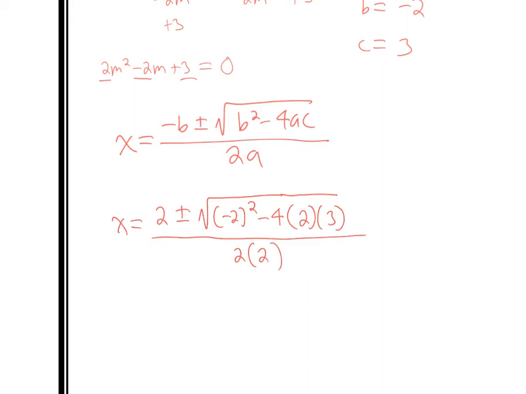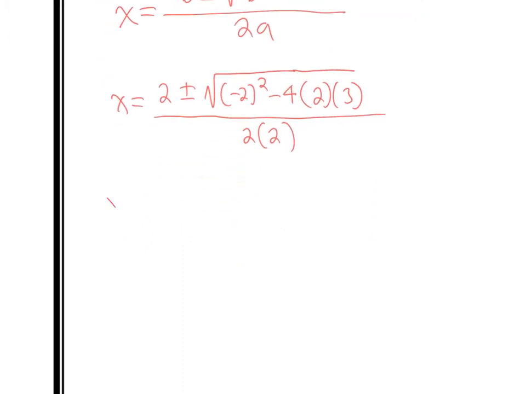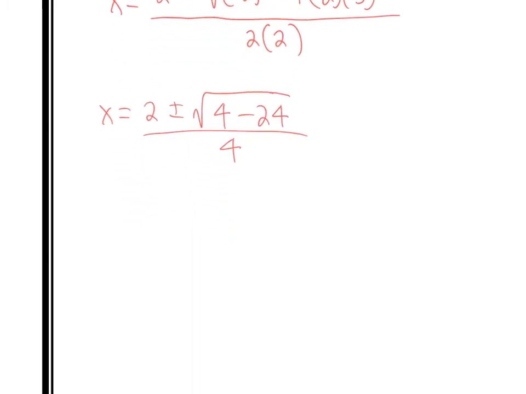Double check my work here. Looks like it's good. x equals 2 plus or minus the square root of -2 squared, which is 4, minus 4 times 2 times 3, which is 24, all over 2 times 2, which is 4.